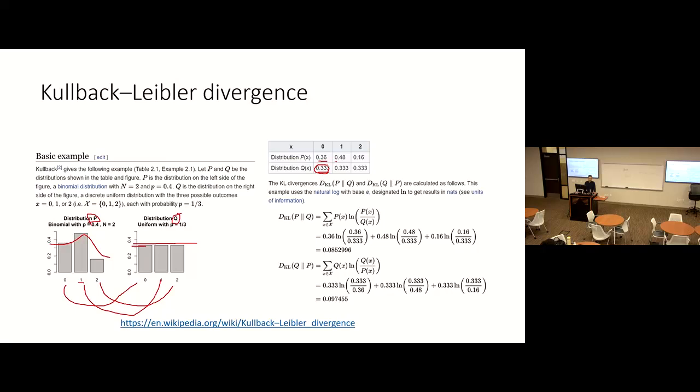In the next bin, the first distribution has a higher probability, 0.48, while the uniform distribution is still 0.333. And the same thing for the last bin. Once we have all these numbers, we calculate the ratio and take the natural log of this ratio, then multiply it by the first probability.